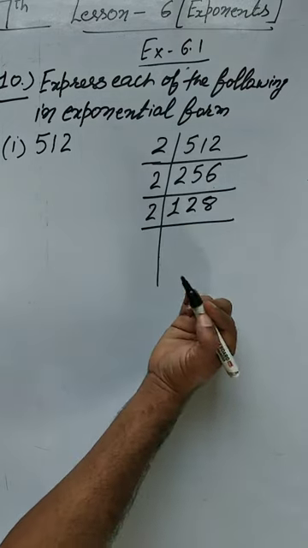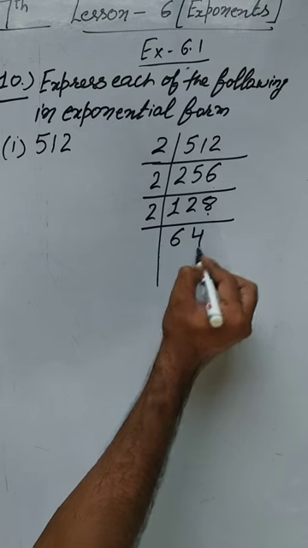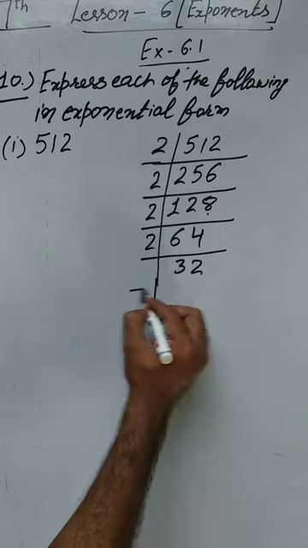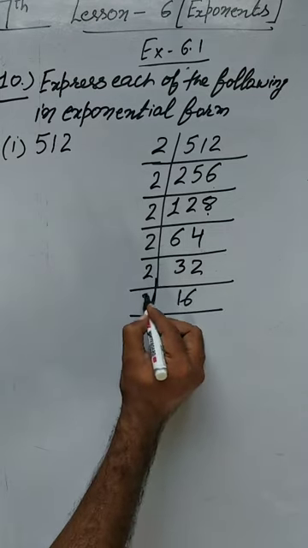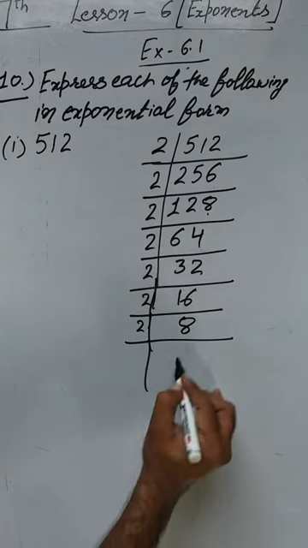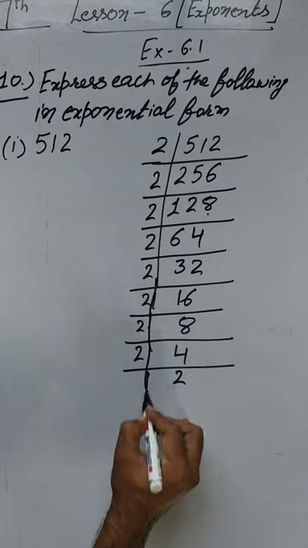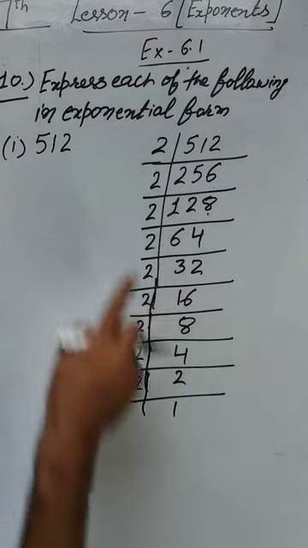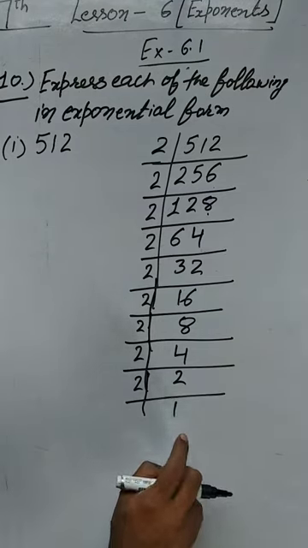Again by 2 beta. 2 6 are 12. 2 4s are 8. Again by 2. 32. Again 2. 16. 2. 8. 2. 4. By 2. 2. By 2. 1. You have to proceed up to the last step whenever you will get 1 here.